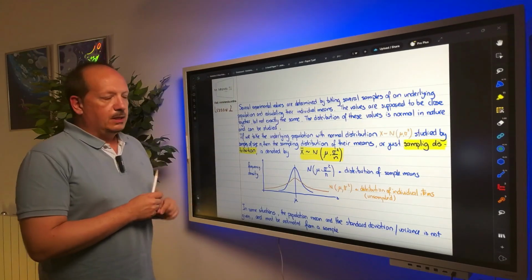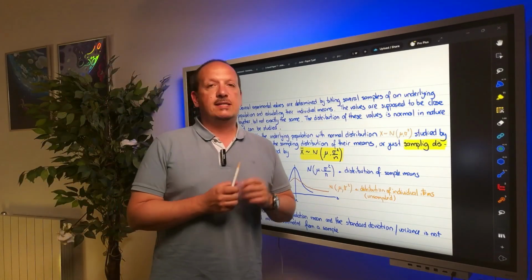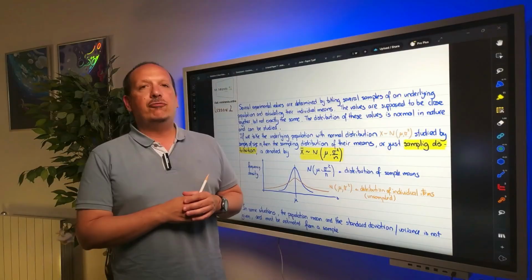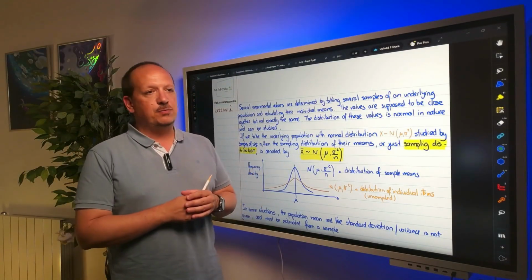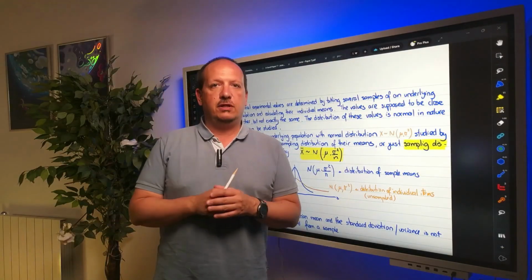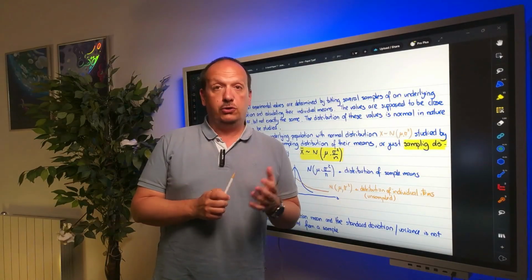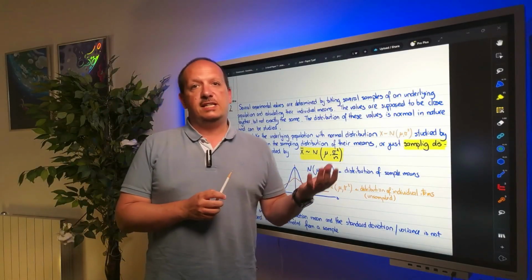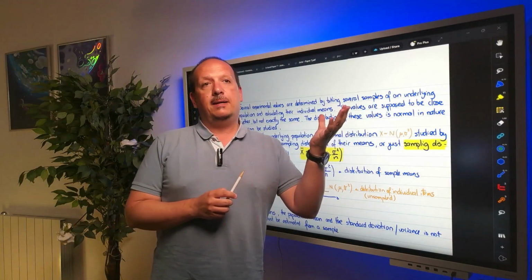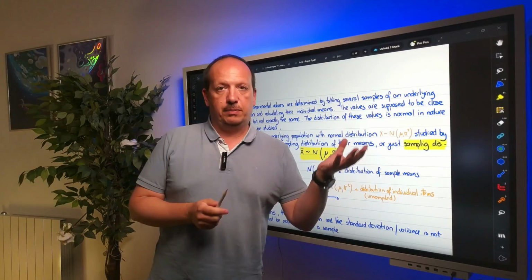For example, let's say that we want to study the average grade in statistics 2 in Cambridge assessment throughout the globe in a given year. We could do this by using several samples, which in this case would be the grades that each school, for example, would have.